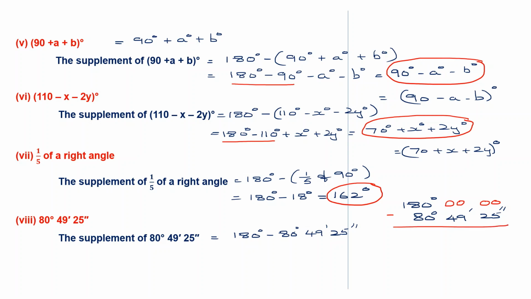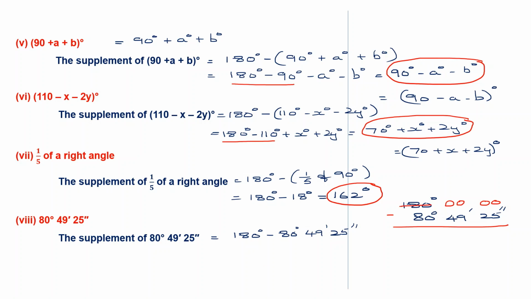So let's subtract. Now 0 minus 25 you can't do, so we have to borrow from the minutes. Now 1 minute is equal to 60 seconds. But here we don't even have minutes, so we need to borrow from the degrees. And 1 degree is equal to 60 minutes. So from 180 degrees, we take away 1 degree.